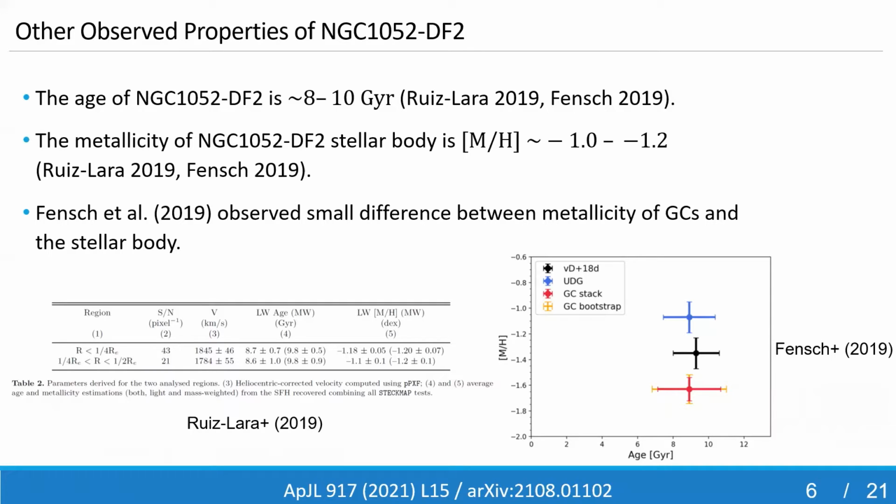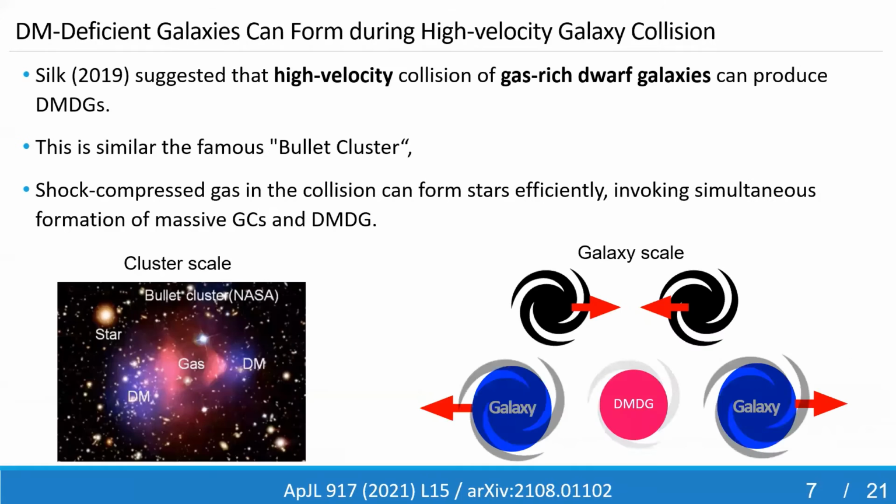So the discrepancy of metallicity may suggest that stars in GCs and outside of GCs, which is the stellar body, may have different formation histories.